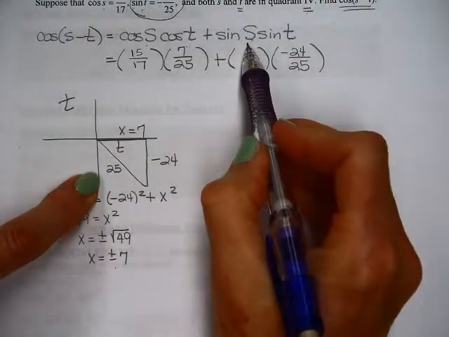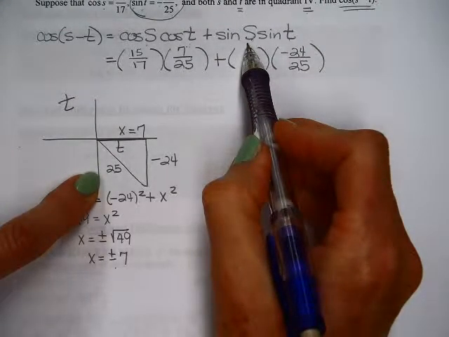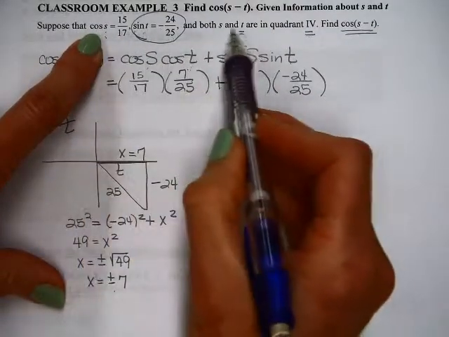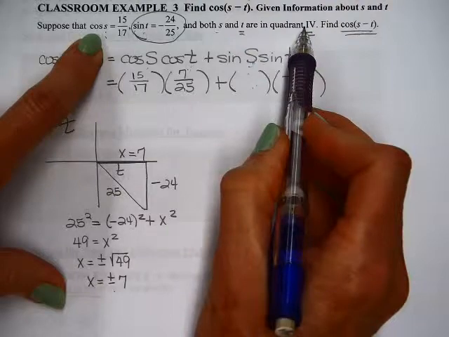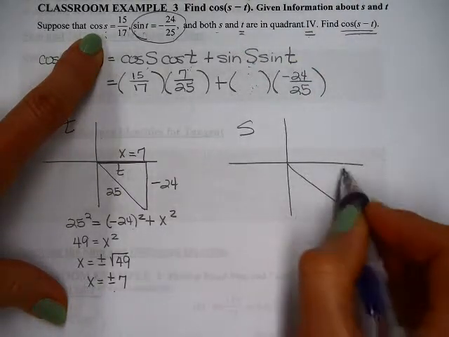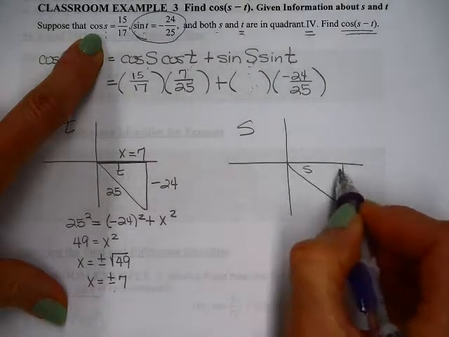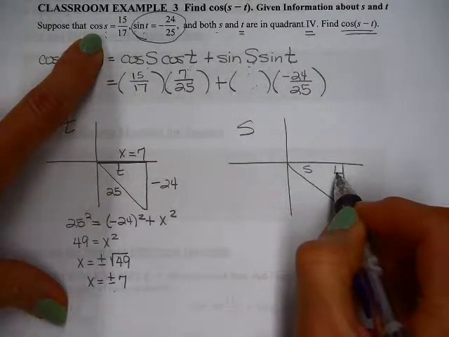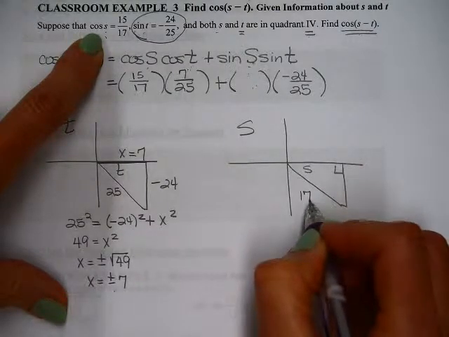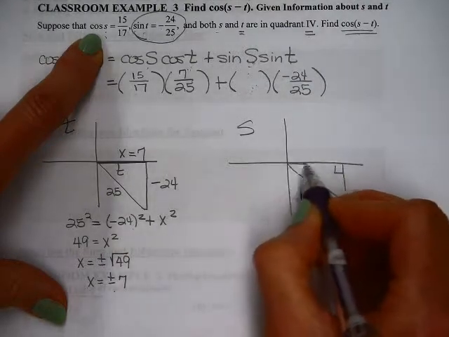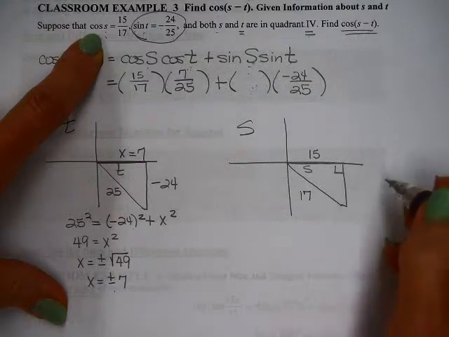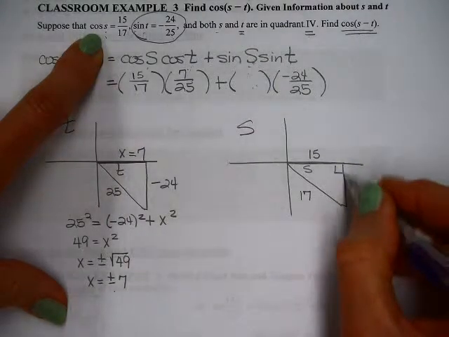The other item I'm missing is the sine of S. So take the other information. I know S is also in quadrant 4. So for angle S, it is also down here in quadrant 4. The cosine of this angle is 15 over 17. I know that the 17 is my hypotenuse. The 15 is the x. Use your Pythagorean theorem to find this side.